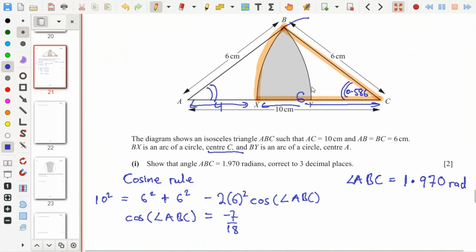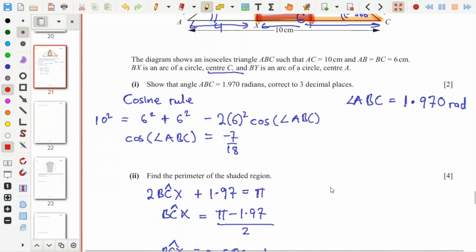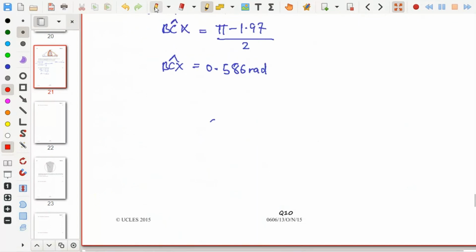We can use that to find the length of the arc BX. If you want to find the perimeter of the figure, it's basically the length of this arc plus the length of this arc, which is the same as the one here, plus the length here. So now let's find the length of the arc.